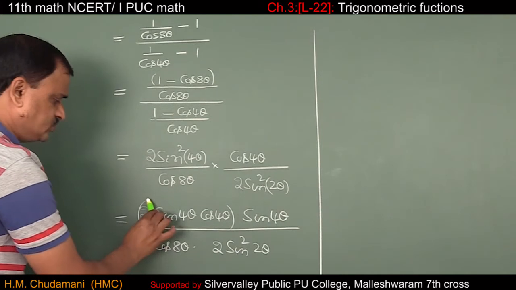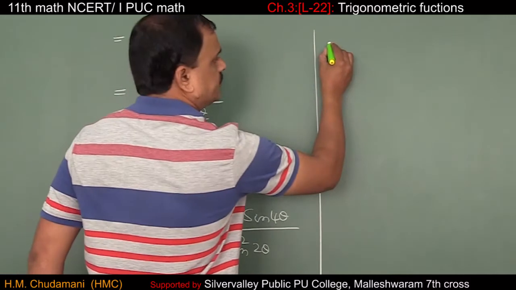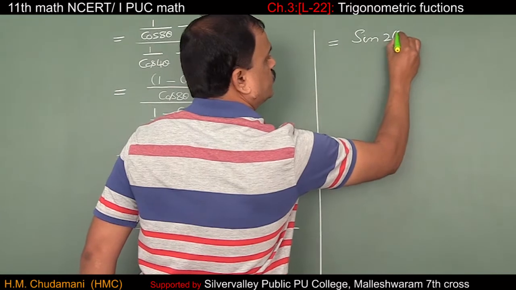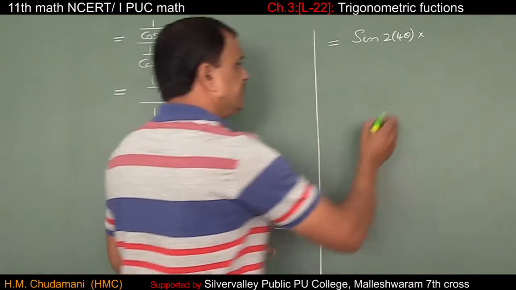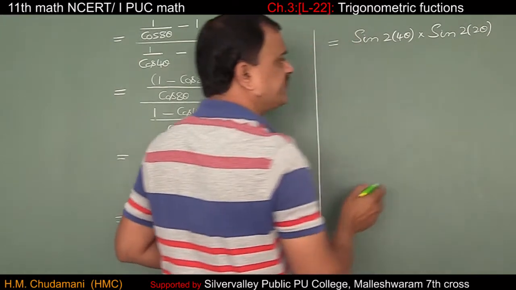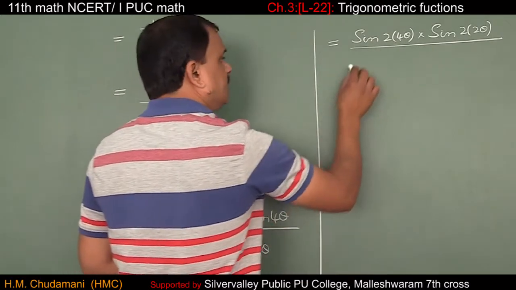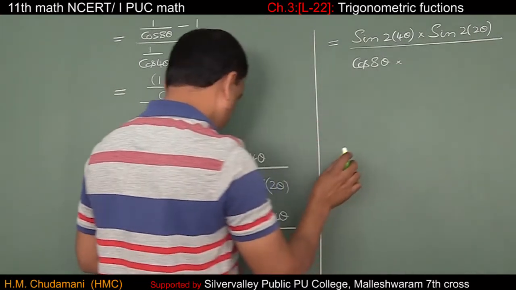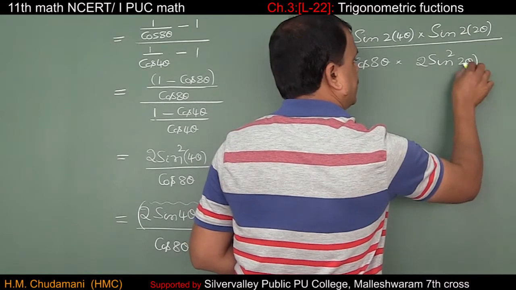See, this is 2 sine theta into cos theta means sine 2 theta, you know, that is equal to sine 2 into 4 theta, into, this can be written as sine of 2 into 2 theta, sine 4 theta divided by cos 8 theta into 2 sine square 2 theta.